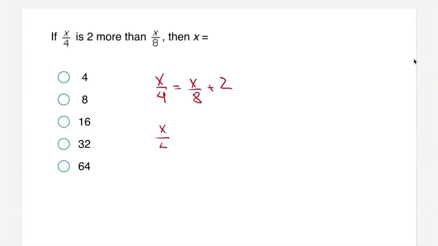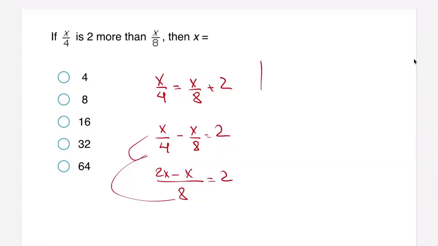I will pass x over 8 to the other side. I will take the least common multiple, which is 8. 8 divided by 4 is 2 times x is 2x. 8 divided by 8 is 1 times x is x. 2x minus x is x. 8 times 2 is 16. Easy?